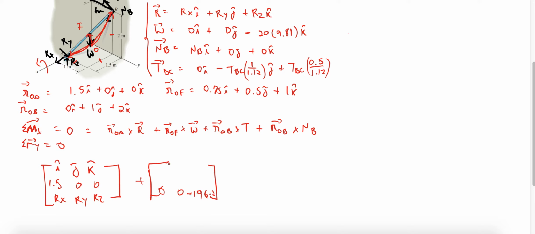And then ROF was 0.75, 0.5, then 1. Terrible handwriting, I'm sorry. Again, i, j, k, plus i, j, k. And then again, I'm just on the tension there. ROB was 0, 1, 2.